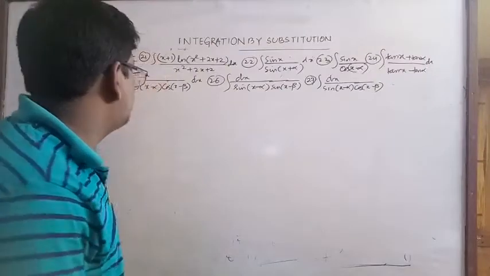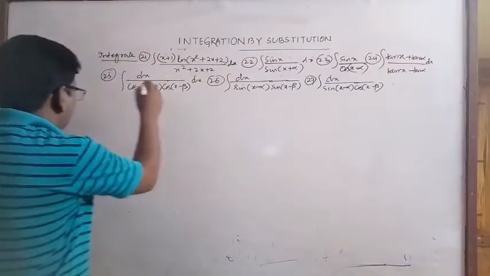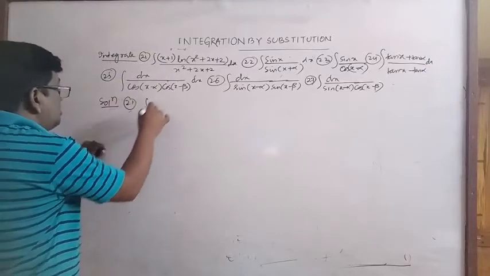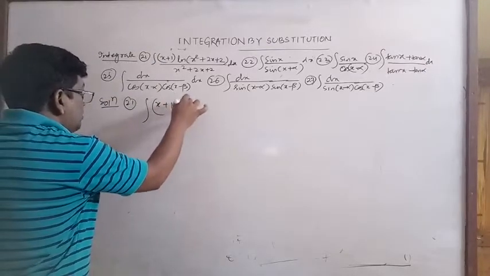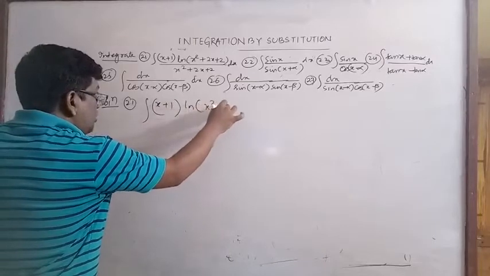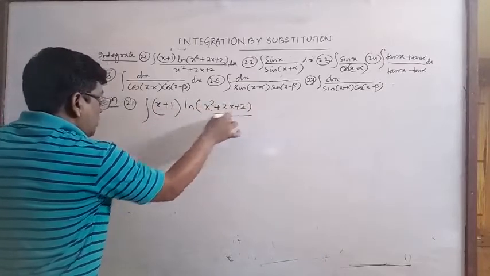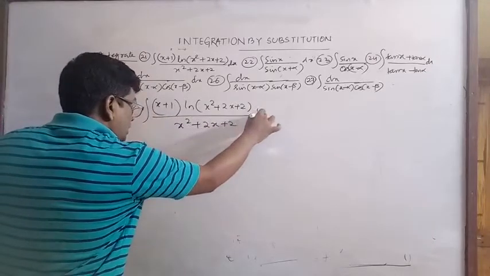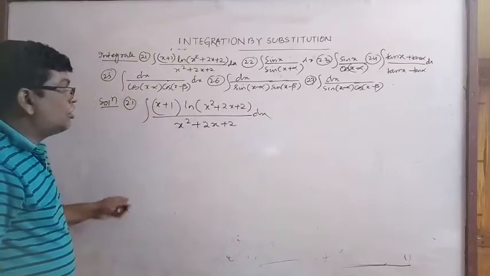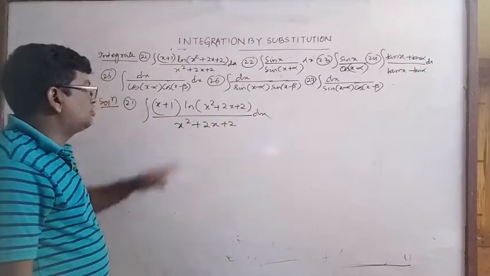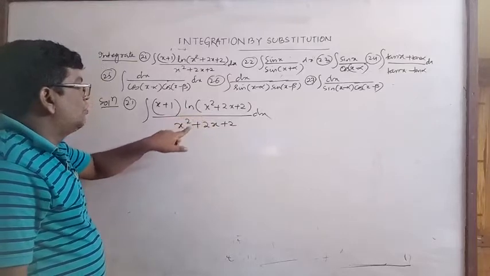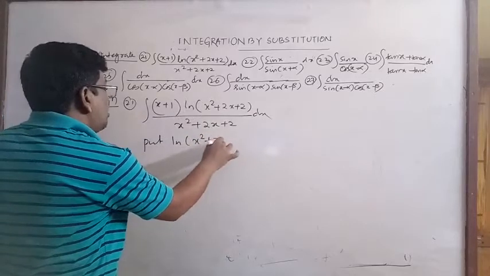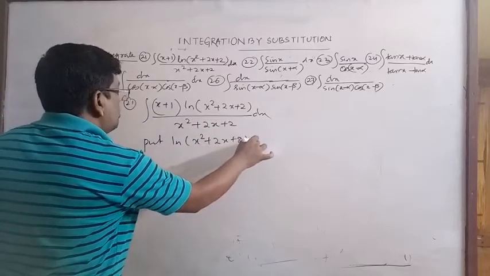Now another question, question number 21. Integration of x plus 1 log of x square plus 2x plus 2 divided by x square plus 2x plus 2 dx. Log x derivative is 1 by x. So put log of x square plus 2x plus 2 equal to t.